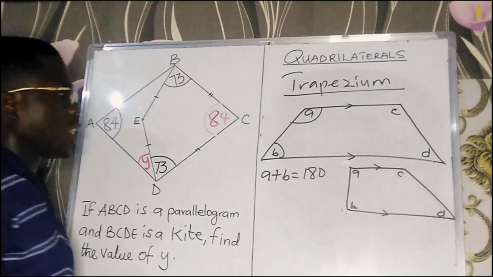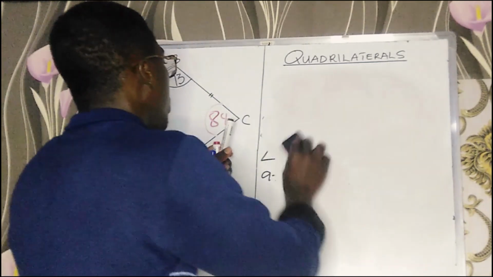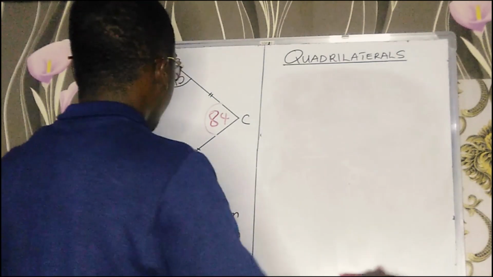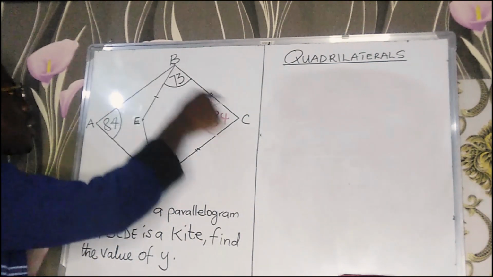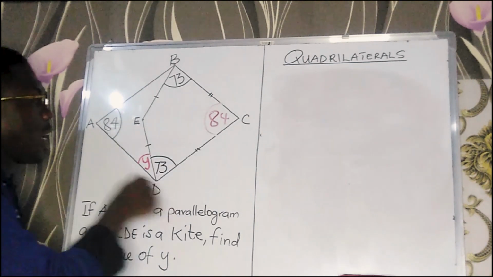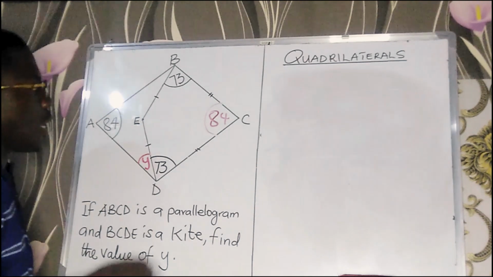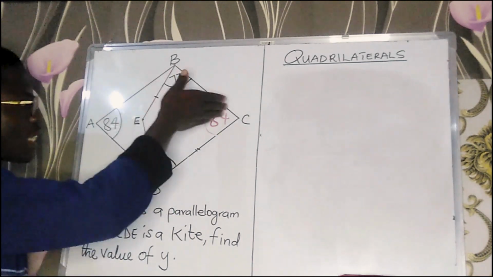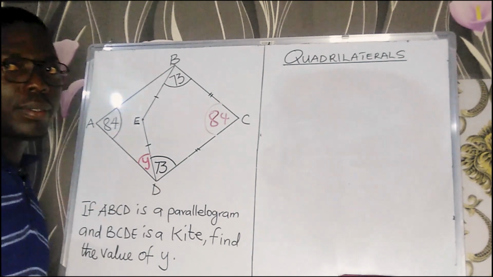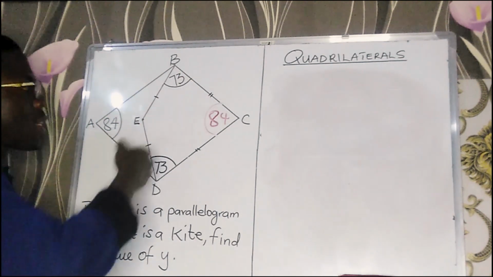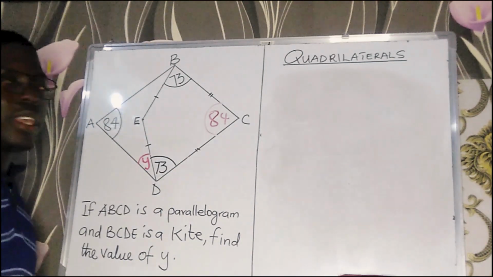Now let's get into the question and see how best we could solve for y. Good. So if this is a parallelogram, as said earlier, in a parallelogram, two adjacent angles add up to 180. And opposite angles too are equal.